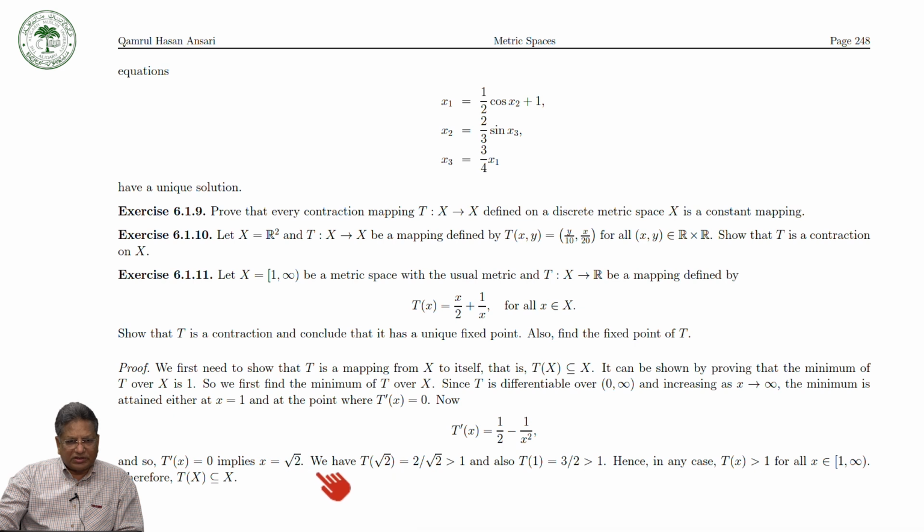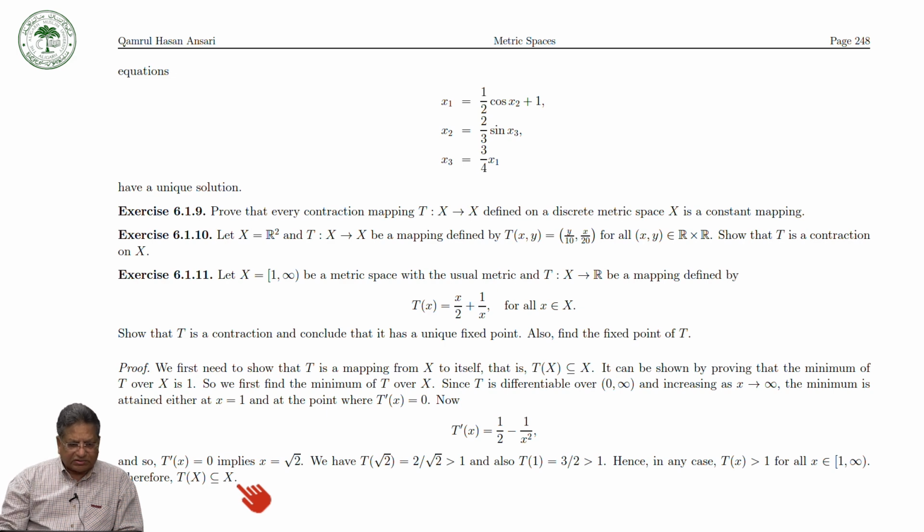So the minimum value of T is greater than 1. It means that T(x) is greater than 1 for all points x in this set X, and therefore T(X) is a subset of X.